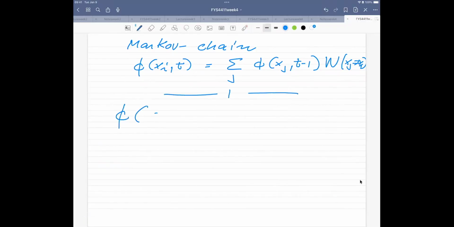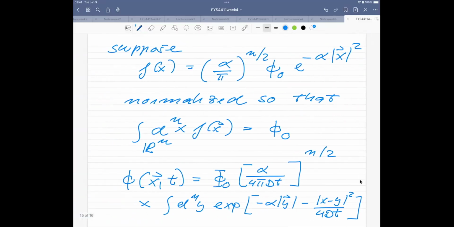We have this phi of x at t now given by this integral over all the points in space for which y is defined. And then we would have a phi of y, because phi of y is the one which is given by this quantity here times parts of the normalization constant.